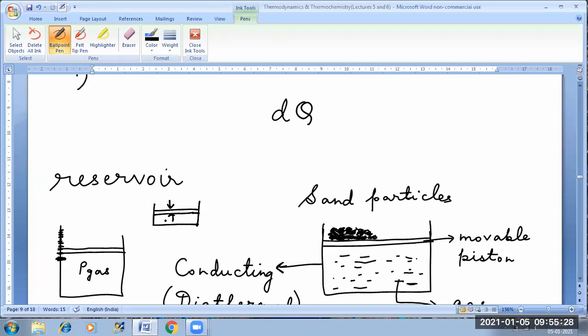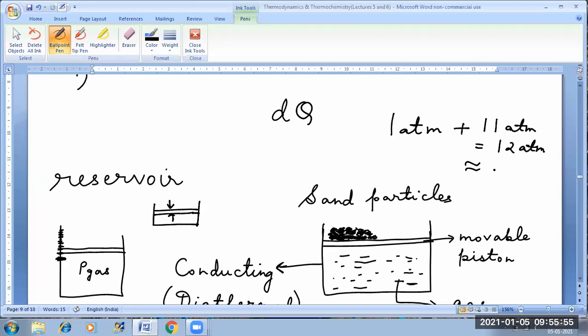So the pressure is exactly the same as the pressure of sand particles plus the atmospheric pressure maybe that we are considering. But we are currently focusing on the sand particles because the pressure of sand particles is much larger than the atmospheric pressure. Atmospheric pressure is just 1 atm, right? If you add 1 atm to let's say 11 atm, it is 12 atm.